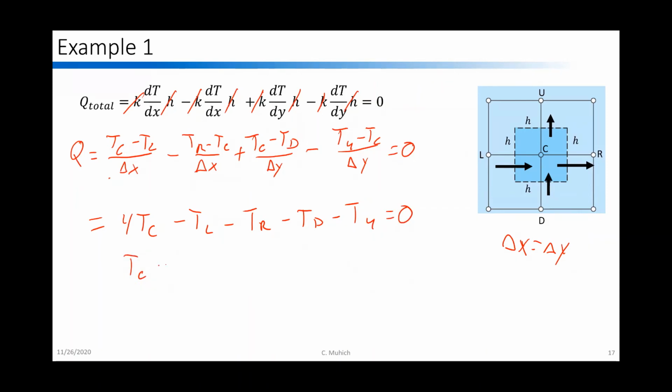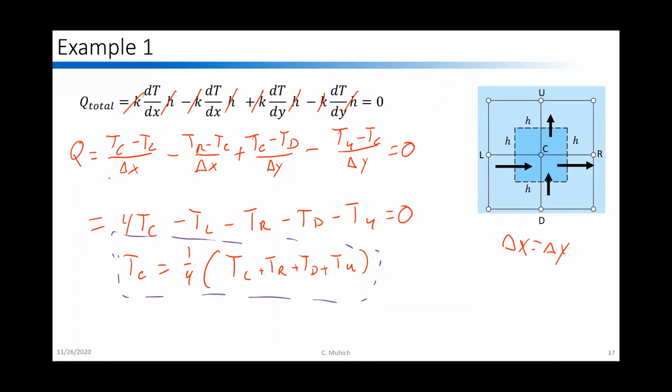So TC equals 1/4 (TL plus TR plus TD plus TU). Right? So this is exactly the same equation that we had when we did the finite difference approximation. So no different, and it shouldn't be, because we're addressing the same problem.